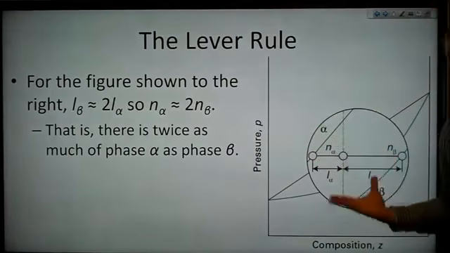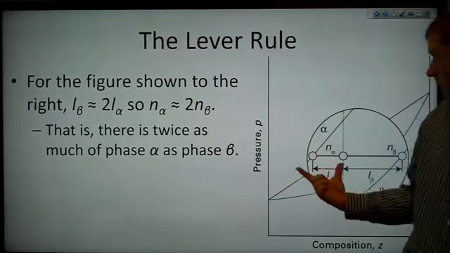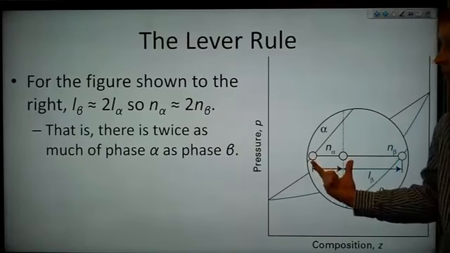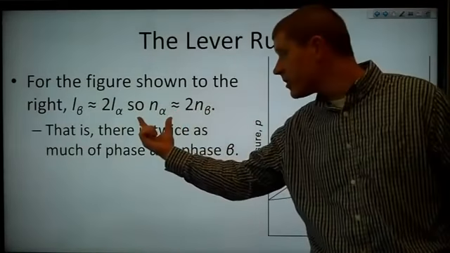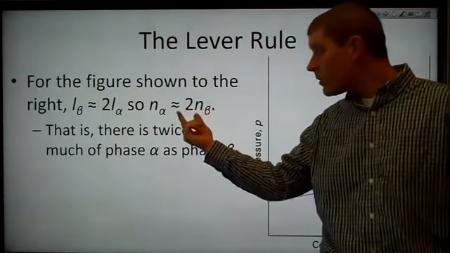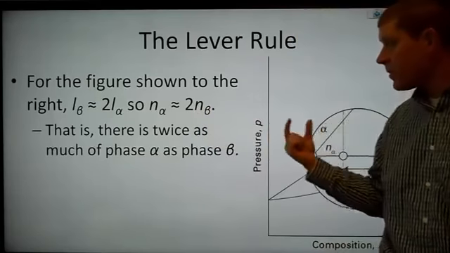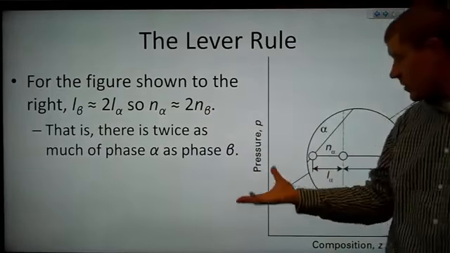And Lβ is the distance between this point and the point on the isopleth. For this figure that we show over here, Lβ is about double Lα. So that means that the number of moles of alpha has to be about double the number of moles of beta, which means that there has to be about twice as much alpha as there is beta.